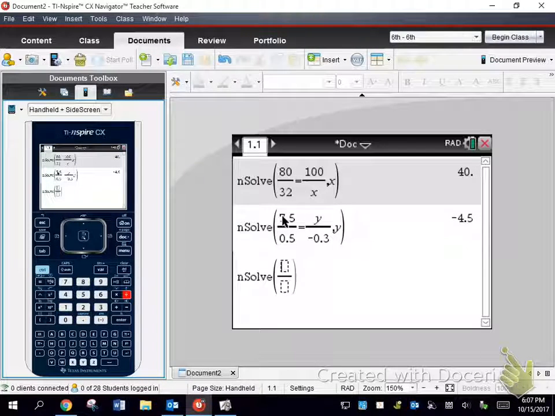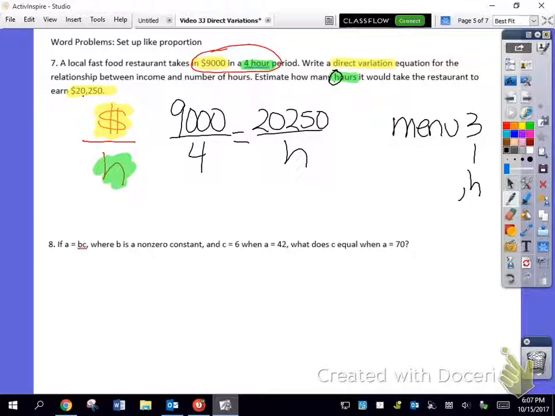The rest of them will set up, and you can solve them on your calculator, but I'm just not going to show the steps every single time, okay? Equals, and then Control divide, 20250 over, and then there's your x. And I have to arrow over and then put comma x, and then enter, and it's 9. So my answer would be 9. So it's 9 hours, okay?